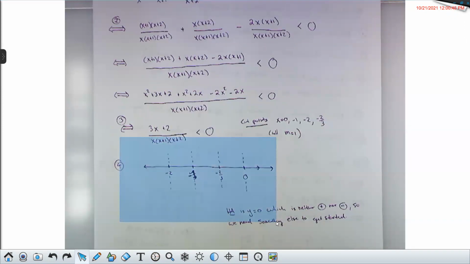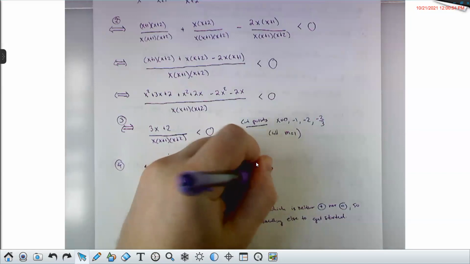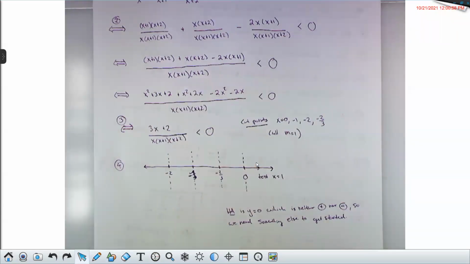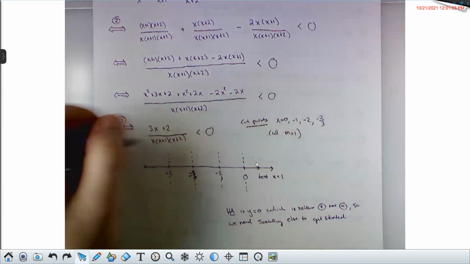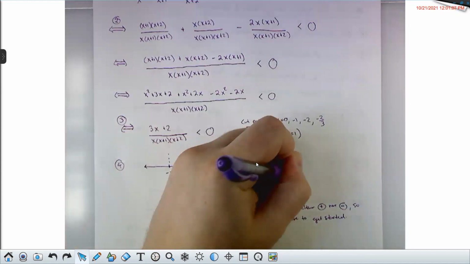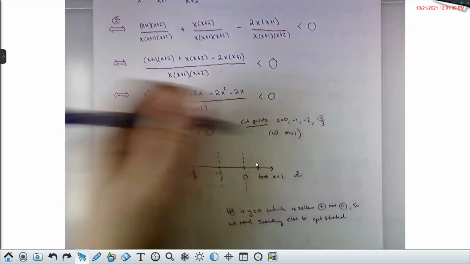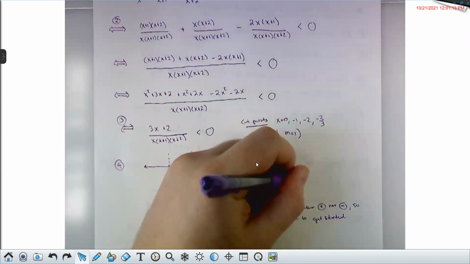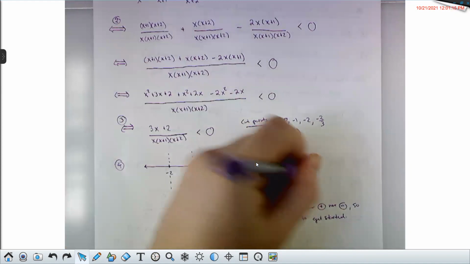This is the only situation where you need to do any test points. And I would probably come over here and say, let's test x equals 1, because that's easy enough. If I plug 1 in for x here, I get 3 plus 2, which is 5, over 1 times 2 times 3 is 6, which is positive.